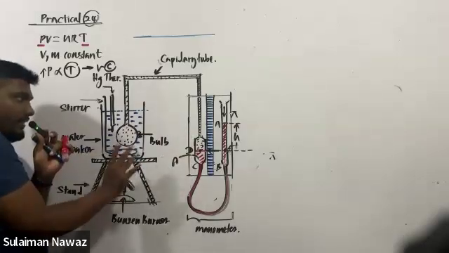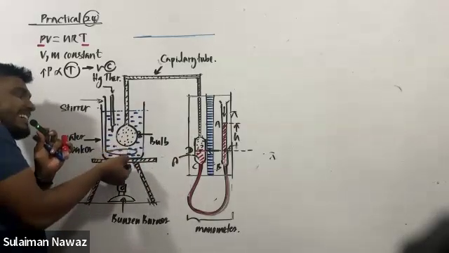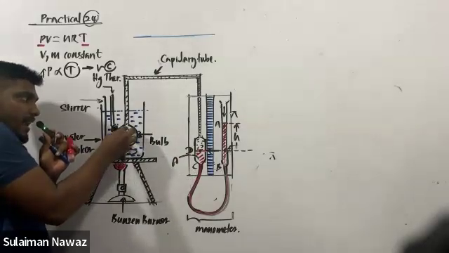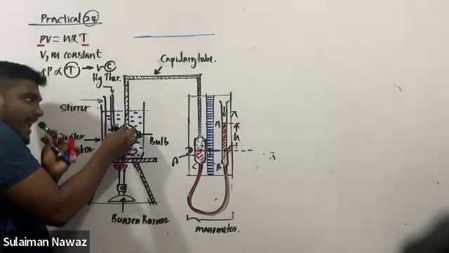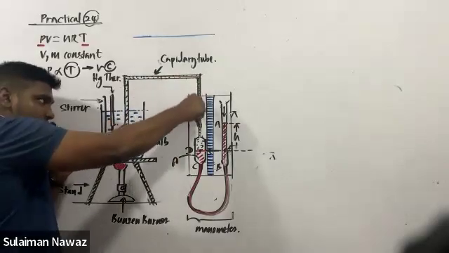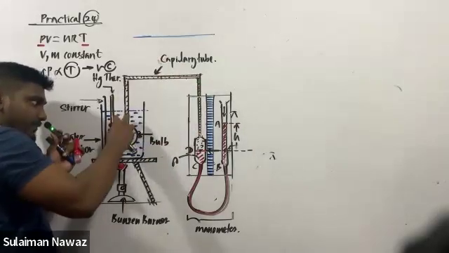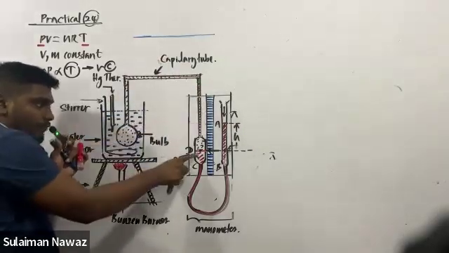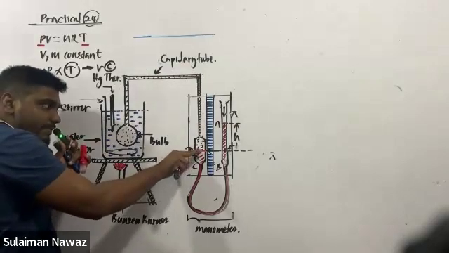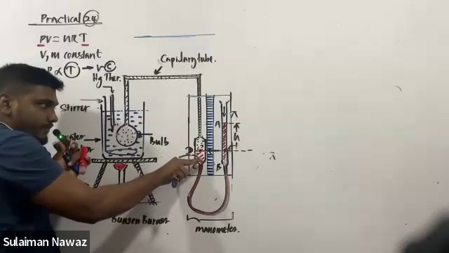When you keep on heating the gas, the gas volume expands, and this mercury meniscus tries to come down.